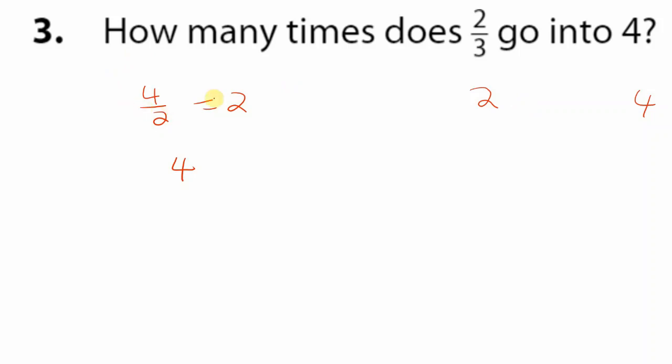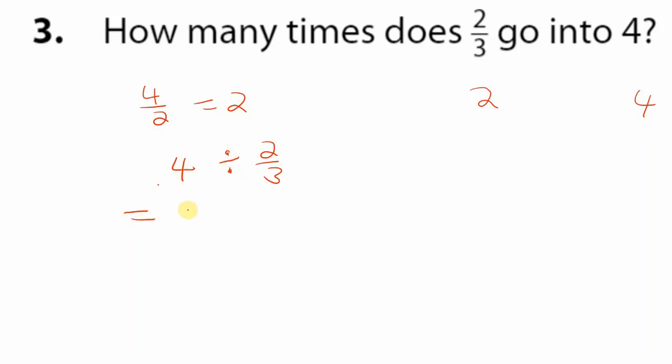What did we do? We divided by this 2. But now we have to replace that 2 by 2/3. So 4 divided by 2/3 will give us the answer we are looking for. So in fact, this problem actually just said, take 4 divided by 2/3 and what is your answer?